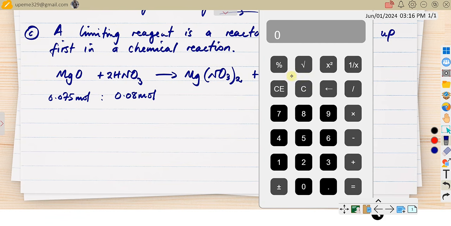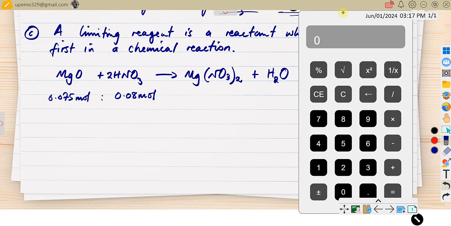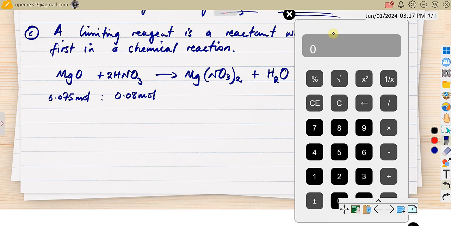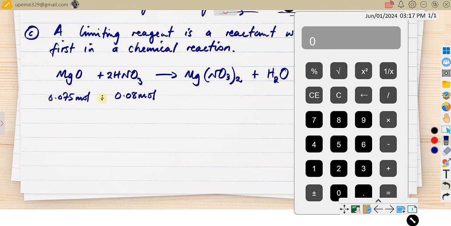In a balanced chemical equation, it tells us that everything reacts equally. If you have 1 mole of magnesium, you need to have 2 moles of nitric acid. In a balanced chemical equation, that's how it goes. But you were provided now with 0.075 moles. So these 0.075 moles of magnesium need to be doubled to give an equal amount of nitric acid.